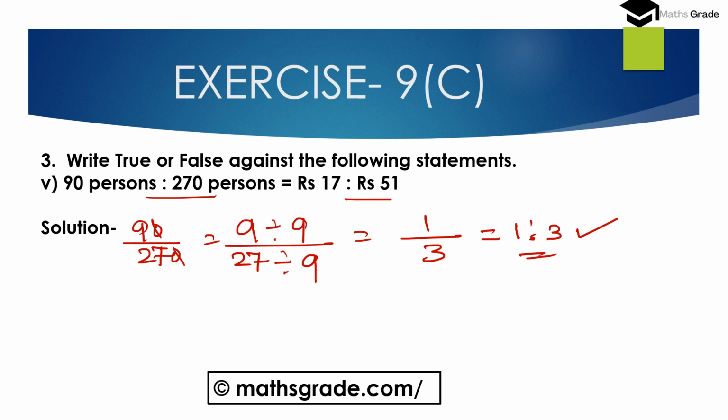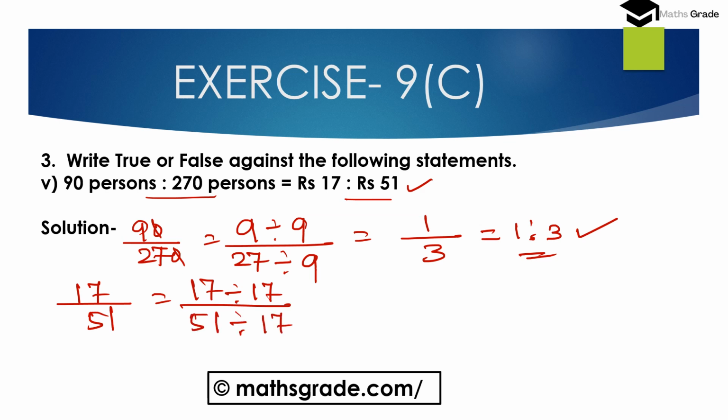Now 17 rupees is to 51 rupees. 17 rupees divided by 51 rupees. Now between 17 and 51, 17 is the common ratio. So divide the antecedent 17 with 17 and divide the consequent 51 with 17. 17 divided by 17 is 1 and 51 divided by 17 is 3. 1 divided by 3, that is 1 is to 3.